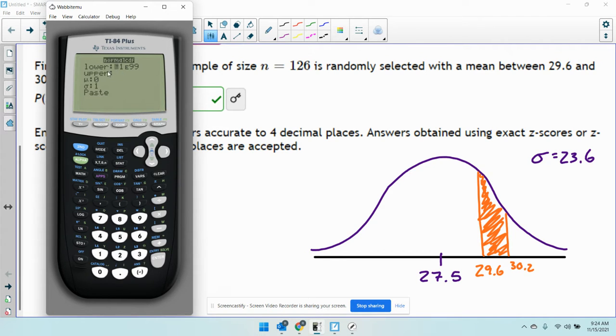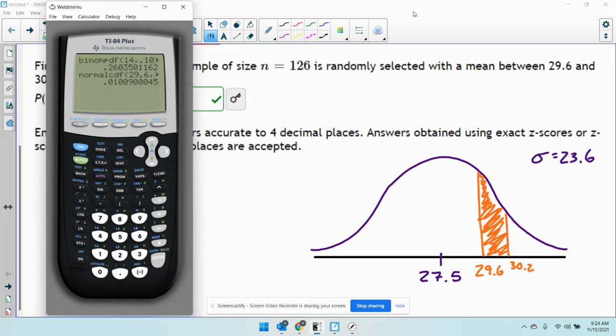And now it just wants our lower and upper bounds. Just plug in the lower and upper bounds of this section, 29.6 and 30.2. My mu is 27.5. 23.6 is my sigma.